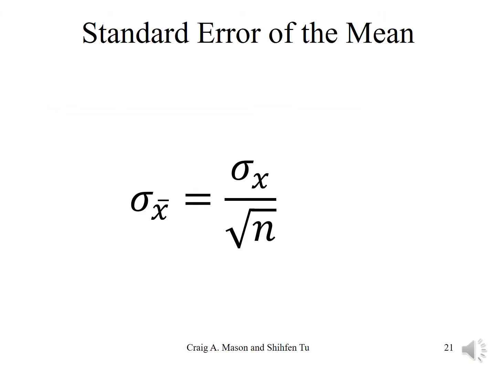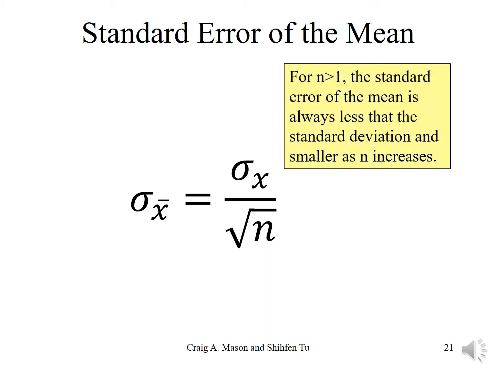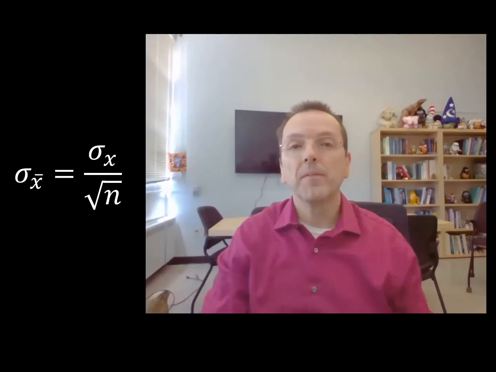But as the sample size increases, the standard error of the mean, the standard deviation we would find if we took averages for an infinite number of samples of that same size, will get smaller. This is another important point. For samples greater than n equals 1, the standard error of the mean is always less than the standard deviation, and it gets smaller as n increases.